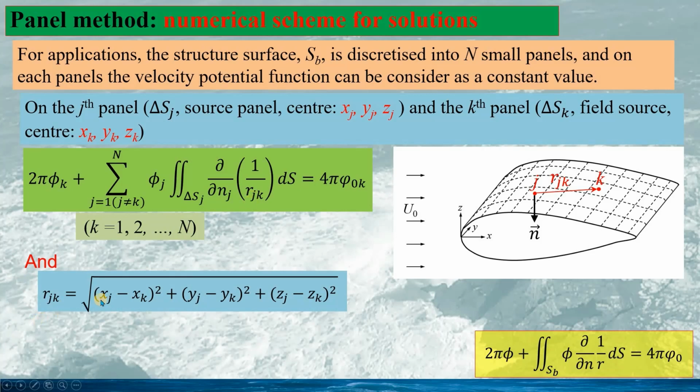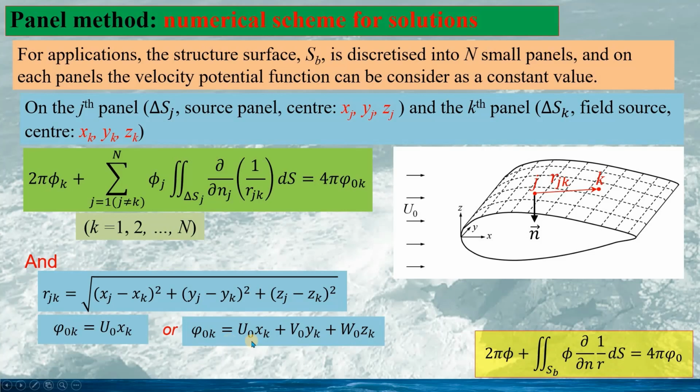Here, Rjk is calculated as the distance from the source panel to the field panel, given as this. And phi 0k is the uniform flow potential function. If u0 is in the x direction, it will be calculated as this.